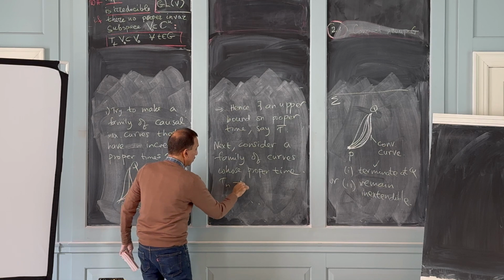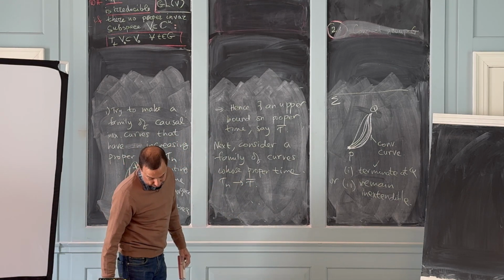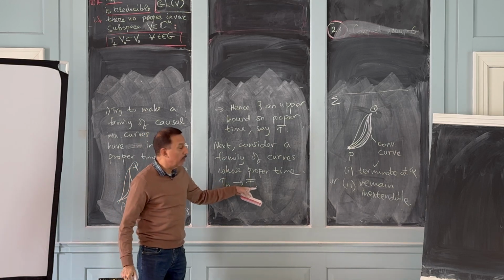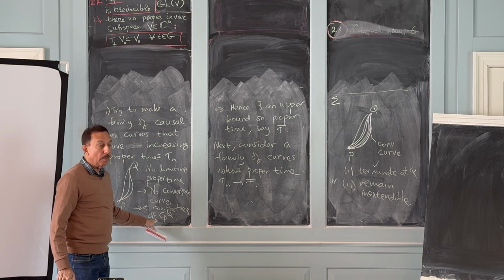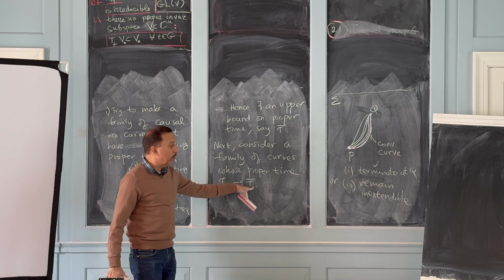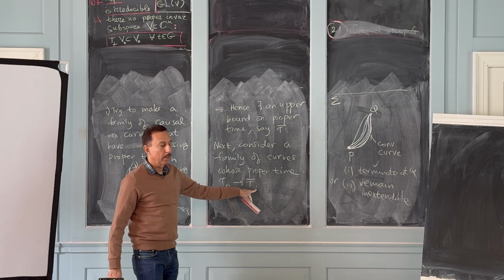Tau n tends to tau bar. So it has a limiting proper time, tau bar, so whose proper times converge to this value. But now because of compactness of CPQ, there must be an actual curve whose proper time is actually this. And that's the result.